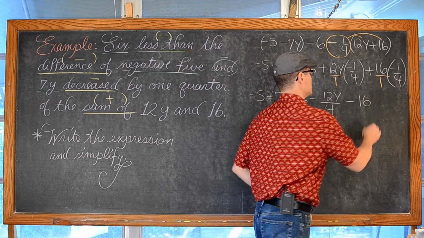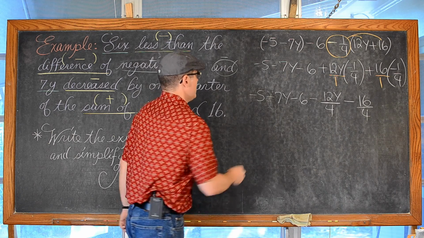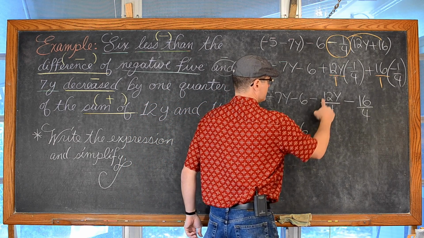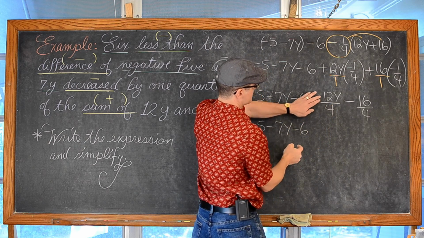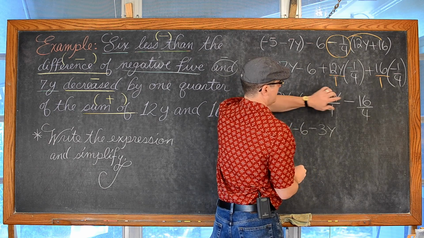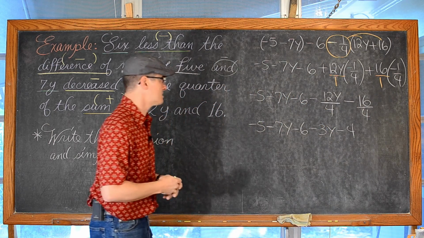And then 1 times 4 is 4. Now we have -5 minus 7y minus 6, -12, or actually let's just leave that negative there. 12 divided by 4 is 3y, and then 16 divided by 4 is 4. And again, make sure your signs are correct.